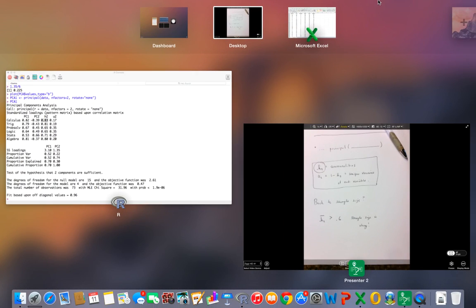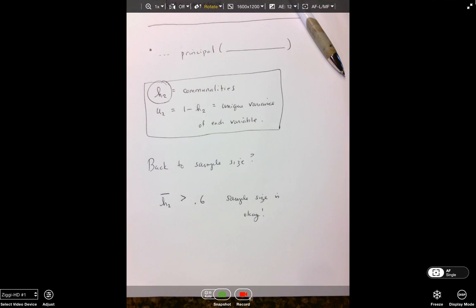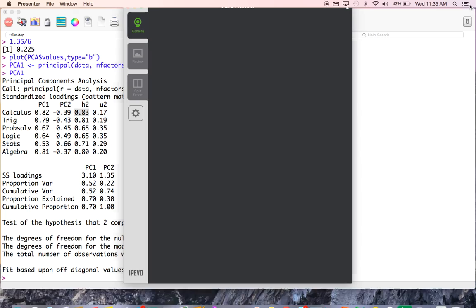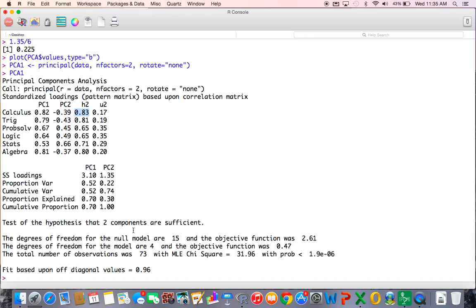So gang, I can go back over. Well, maybe, maybe not. I can go back over and look at the averages of my H2s. Guys, all of them are above 0.6. I'm feeling pretty good.